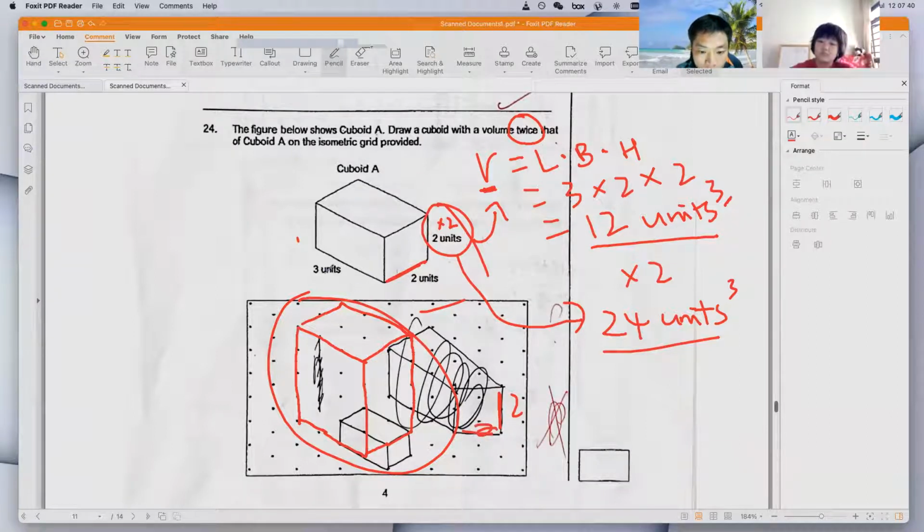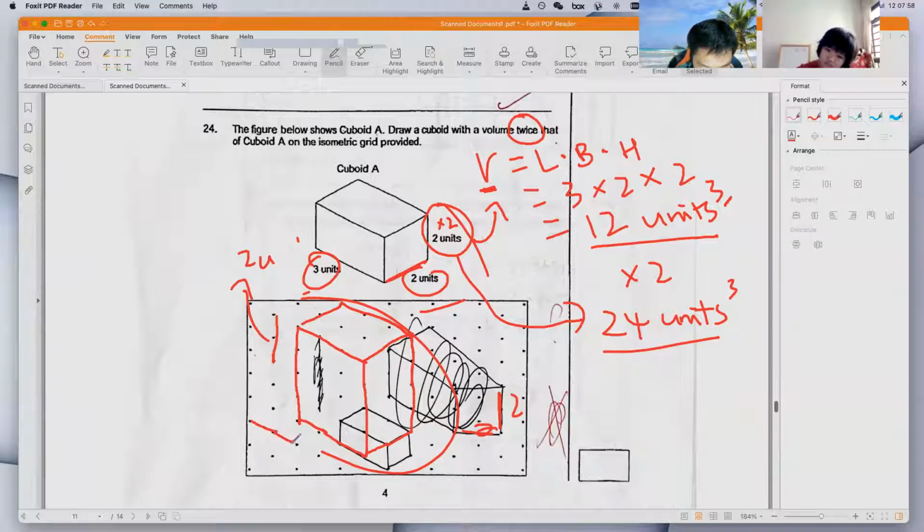So over here, the 3U, the 2U and the 2U, what they are trying to say is you must make use of the dots. In this case, this is called 2U. And then this is 1, 2, 3, called 3U.